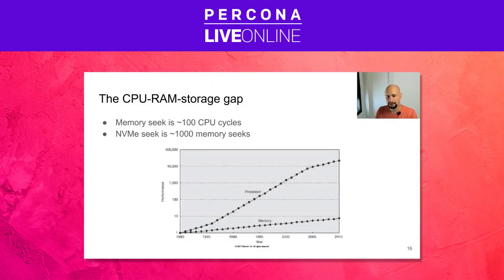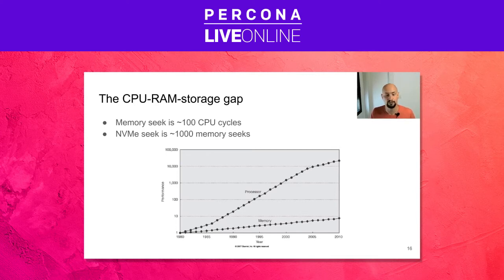So we also have this CPU-RAM gap, where CPUs have become faster and faster, but memory did not keep up that much. So bandwidth has grown, but only slightly, and also the latency of access from CPU to memory hasn't improved that much. So now, especially when we have fast disks, this has become a huge problem, because the CPU is starved for data, just spinning and doing nothing and having to wait.